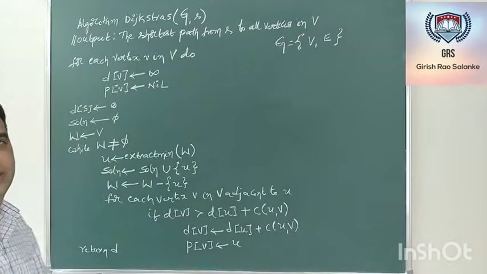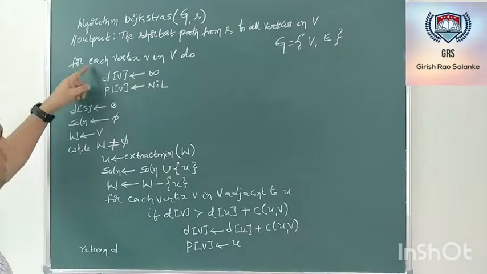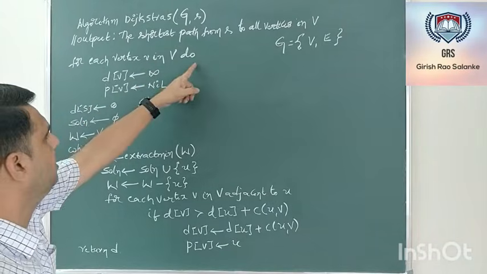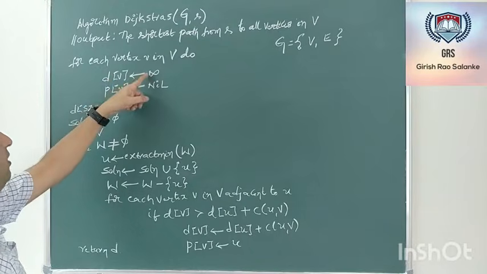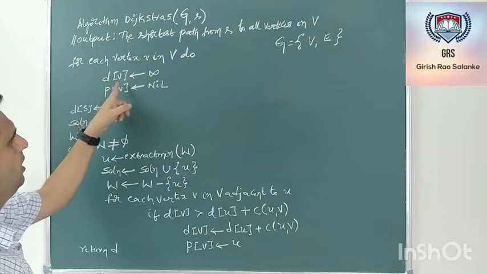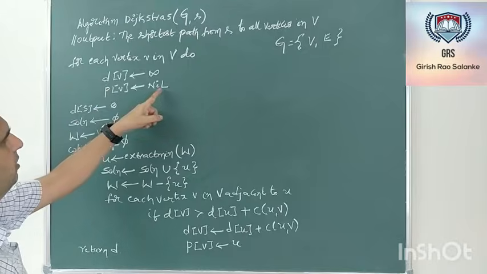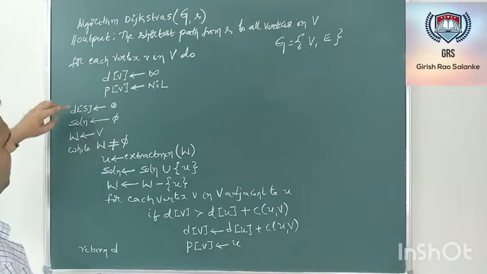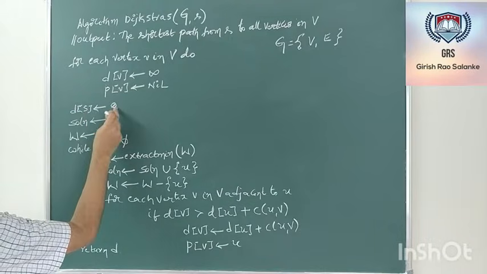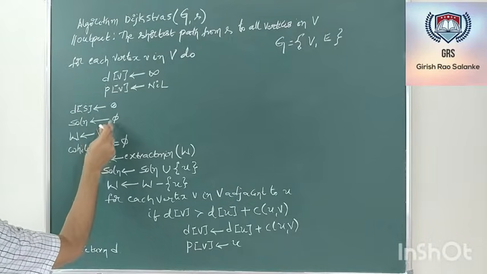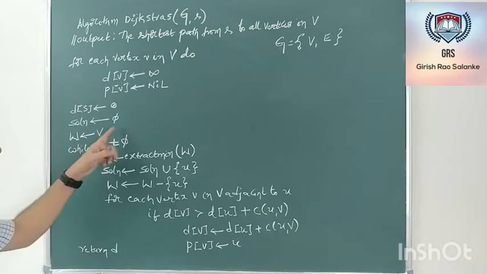Now, what was the initialization that we have done? For each vertex V in capital V, I have initialized infinity as the initial distance to all the vertices and the parent as nil. Finally, I have updated the distance of the source to 0, and initially the solution vector contains no vertices, so it is null.